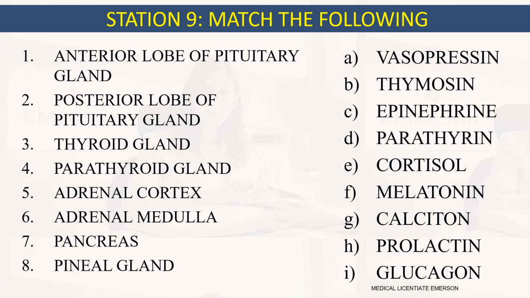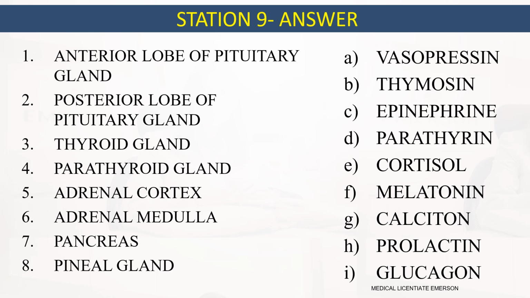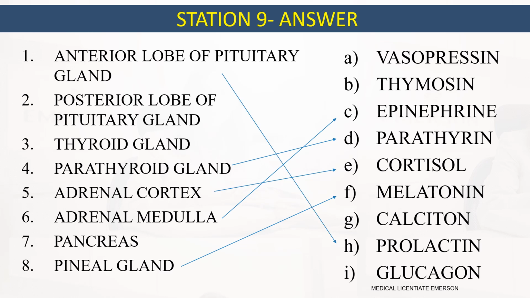So let's answer this matching question. So number 1, the pineal gland. Pineal gland produces melatonin. Number 2, the parathyroid gland produces parathyroid hormone. Then number 6, which is the adrenal medulla, produces epinephrine. The number 5, the adrenal cortex, produces cortisol.